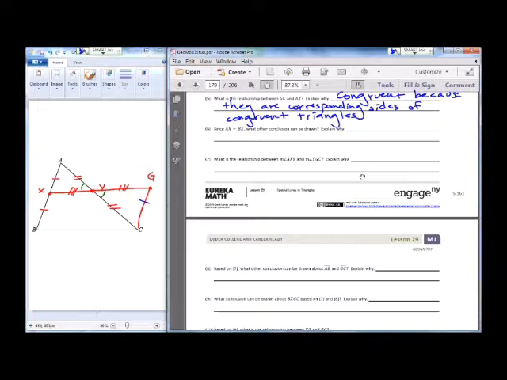Well, the lengths of both GC and BX are the same as the length of AX, and so they must be congruent to each other by substitution. Number seven, what is the relationship between the measure of angle AXY, that's right here, and the measure of angle YGC? Well, those are also congruent because these are corresponding angles of the two triangles that I just proved were congruent by SAS earlier.